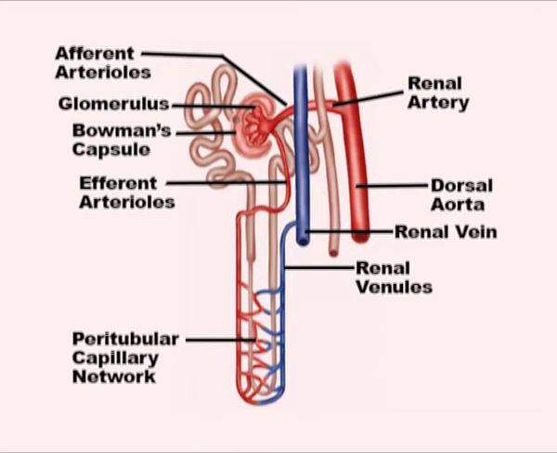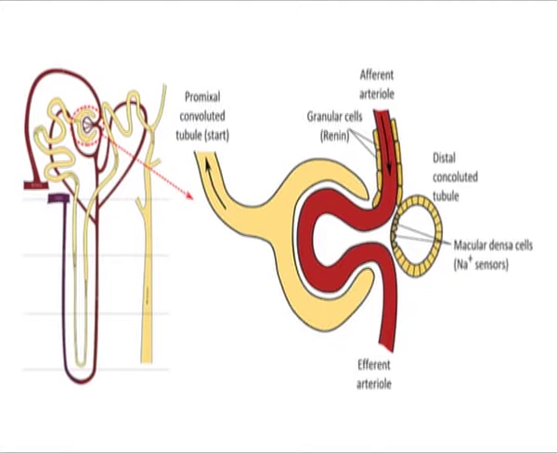From the vasa recti, blood flows progressively through large veins until it reaches the renal vein, which leaves the kidney and returns blood to the inferior vena cava. The walls of afferent arterioles contain juxtaglomerular cells, which secrete the hormone renin, and the macula densa, collectively known as the juxtaglomerular apparatus.